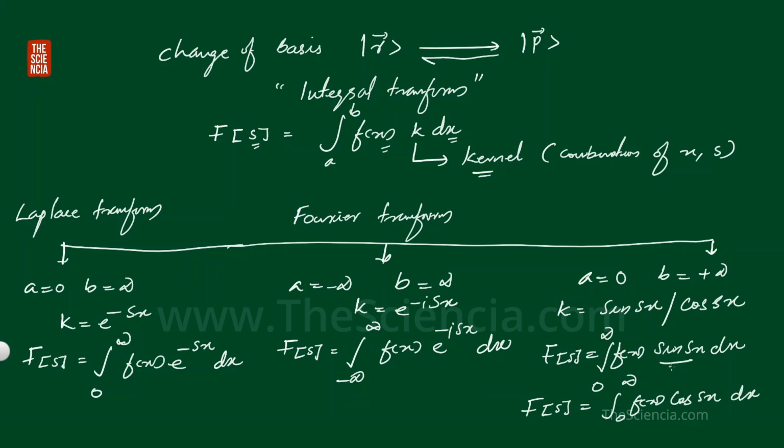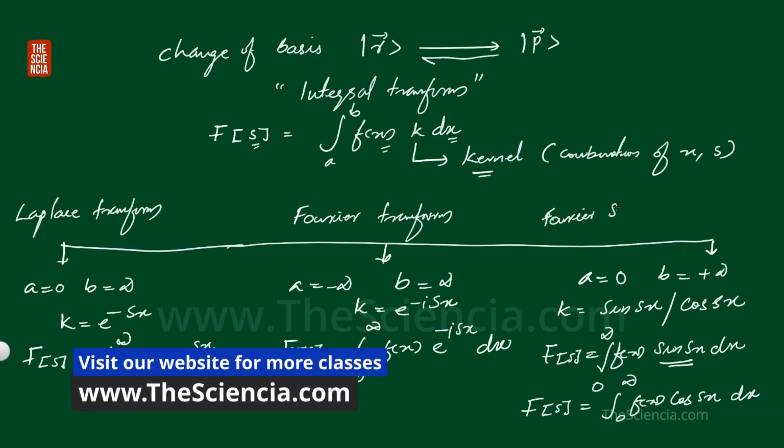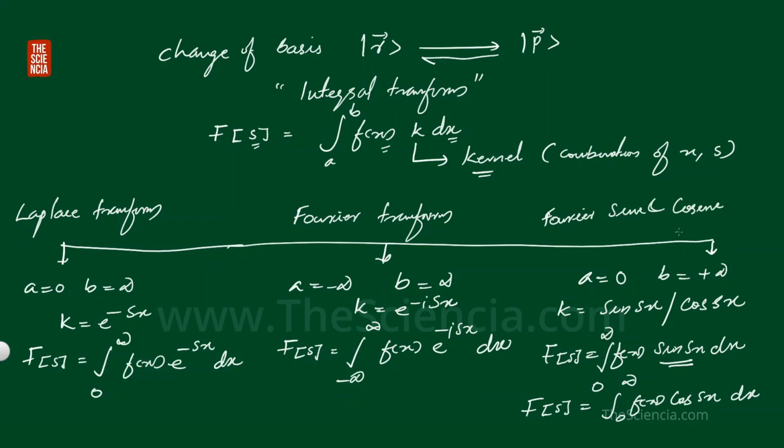The first one is called sine transform and the second one is called the cosine transform, that is Fourier sine and cosine transform. Okay, so please be careful about this limit and the kernel. The limit and kernel determine the type of integral transform.